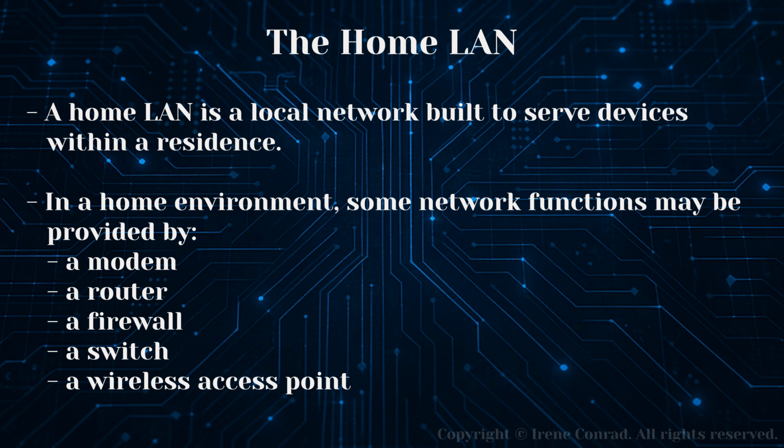Let's start with the easiest example, the home LAN. A home network can be very simple or a little more advanced. In a basic home setup, you might have one device from the provider that combines several jobs into one box. In a more built out home network, those jobs may be split across separate devices like a modem, a firewall, a router, a switch, and one or more wireless access points.